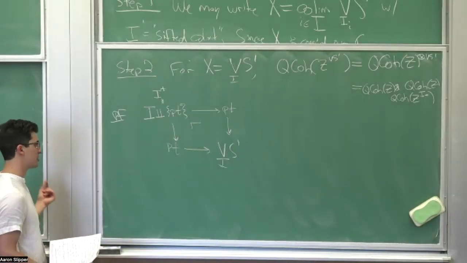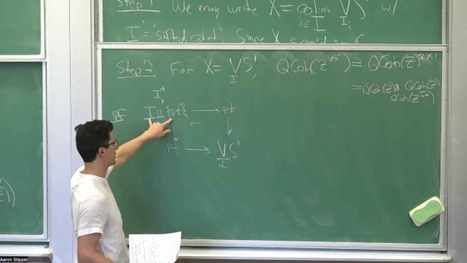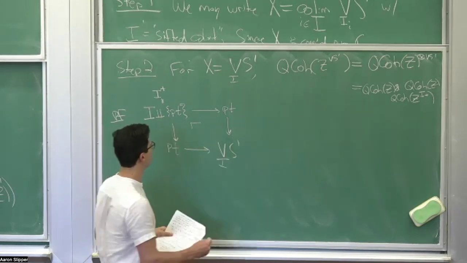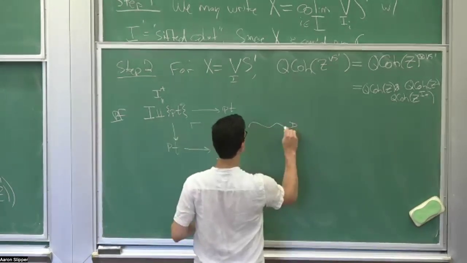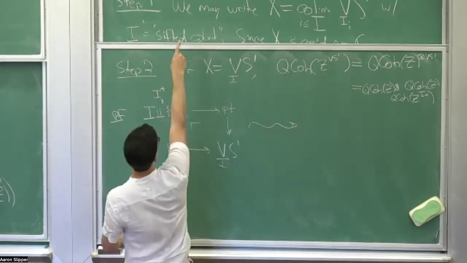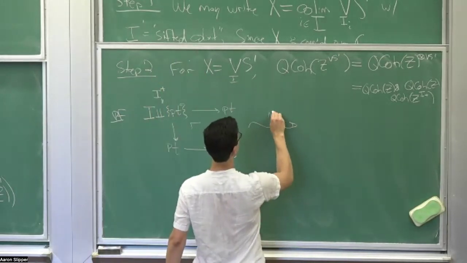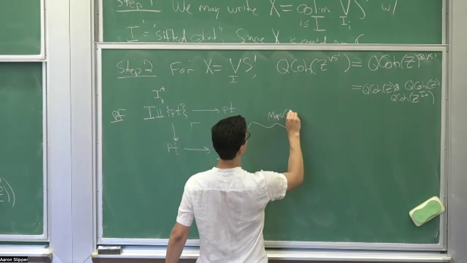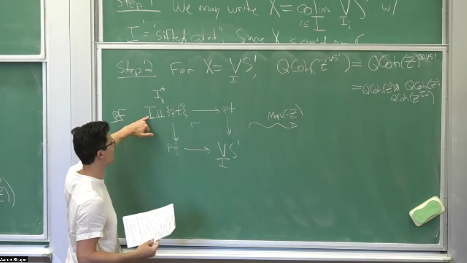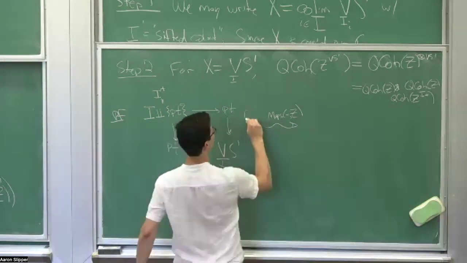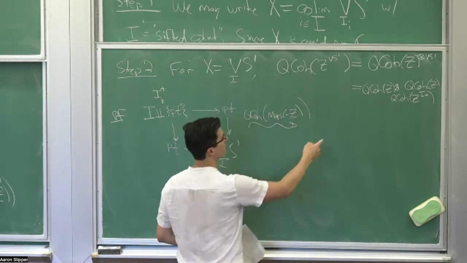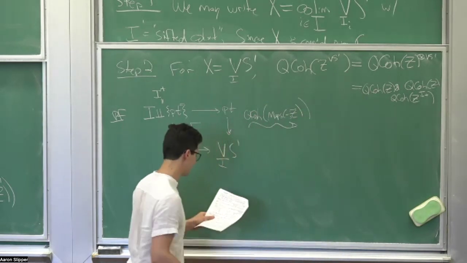When I is just a single point, point union point, it's what I explained before, so this is just S1. Then you take the same step: you first take maps into Z, so you raise Z to each of these powers, and then you take QCoh of that. And you get this equivalence.